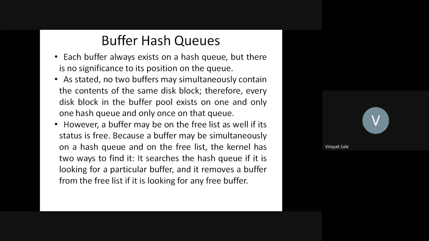If it is searching for a particular buffer on the hash queue but does not find it on the free list, then it will search for another free buffer on the same free list.